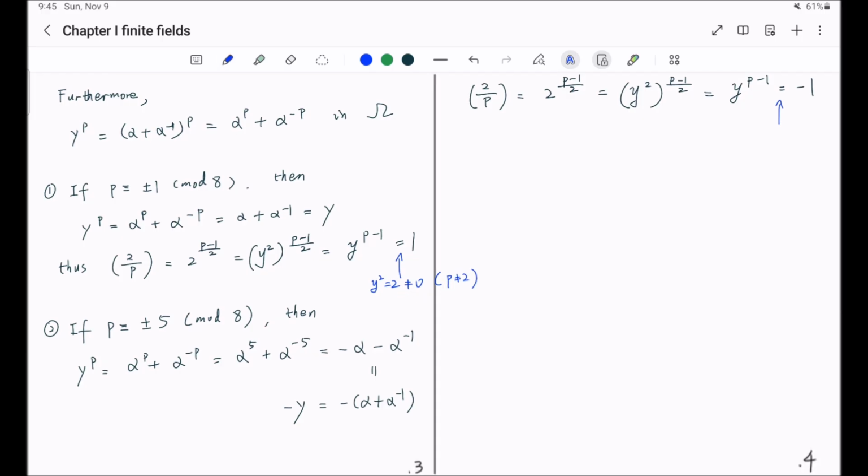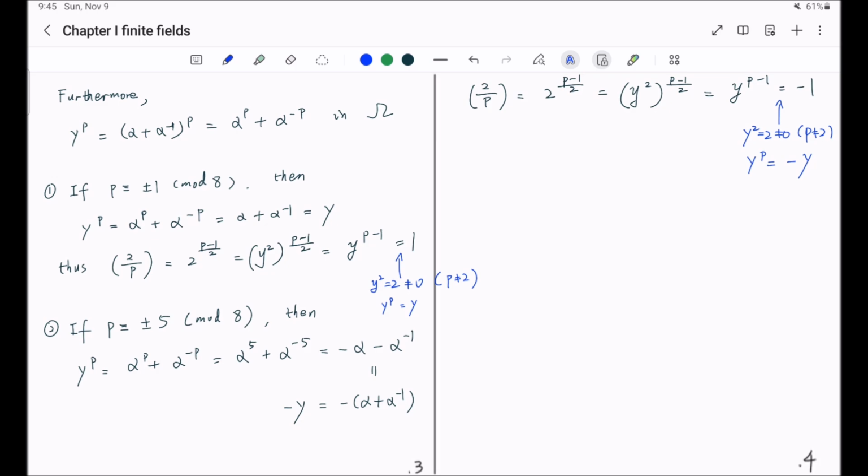We are not in a field with characteristic 2. So 2 is not equal to 0. So y squared is not equal to 0. And therefore, y cannot be equal to 0. So the equation y to the p equal to y will imply that y to the p minus 1 equal to 1. And same thing happens here. But in this situation, we have y to the power p equal to negative y from here. And this finishes the proof.